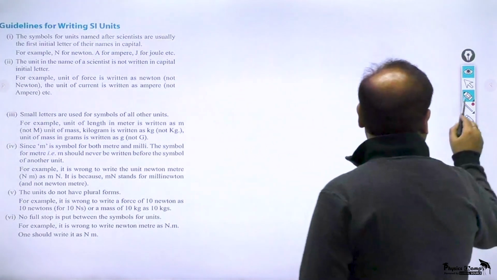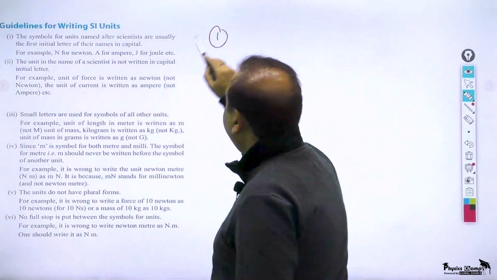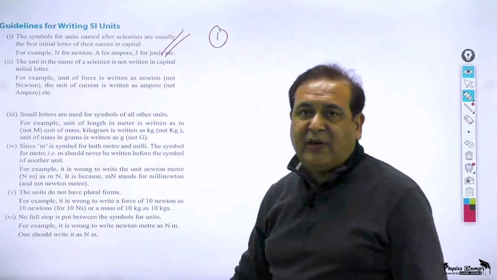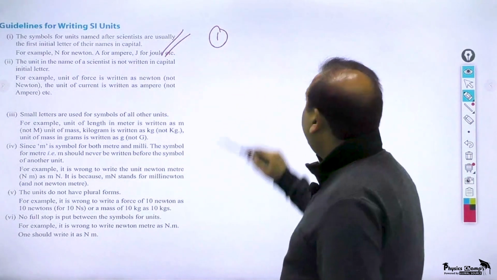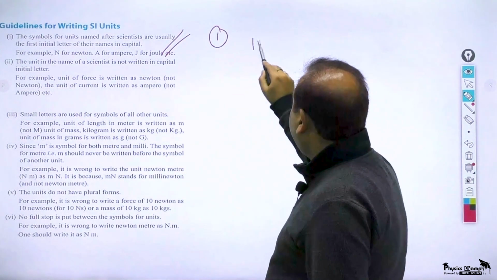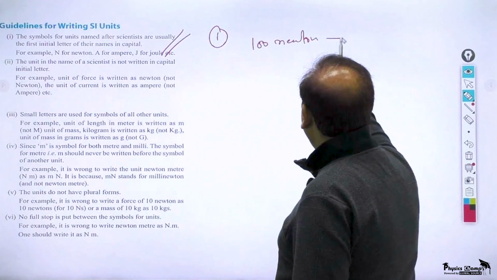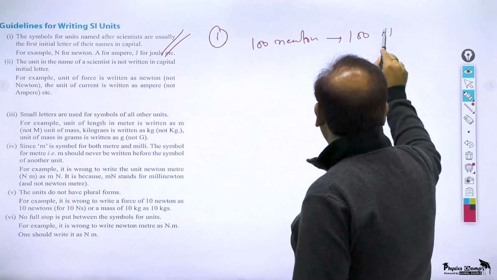The first one is that the symbol for a unit named after a scientist is usually the first initial letter, capital. For example, if you are writing 100 Newton force, you should write 100 N, like this.